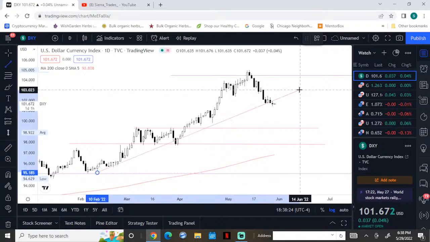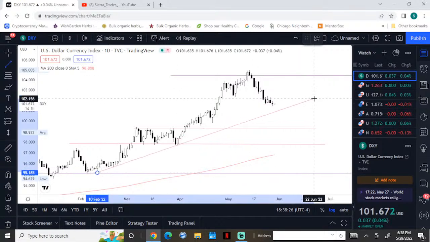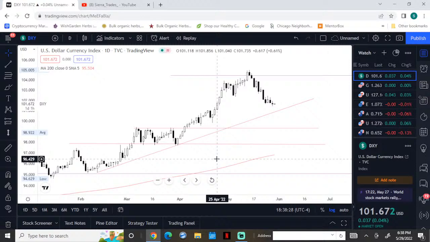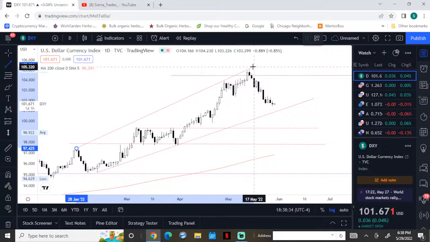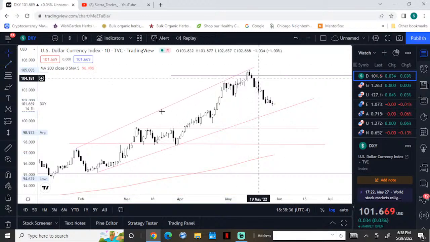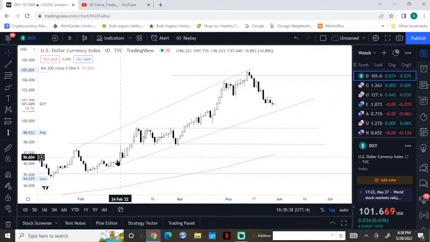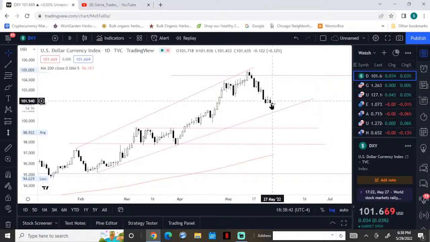I'm going to mark this trend line. In the top also, I see a channel. Got 3 touches, 3 touches. So it looked like price could fall back to here before turning around.